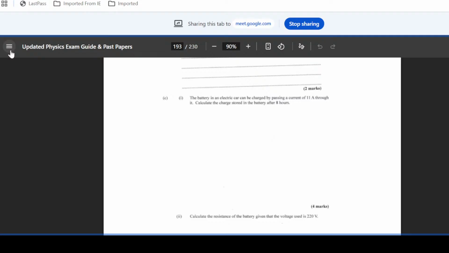All right, so you can use this setup to test whether a material is a conductor or insulator.